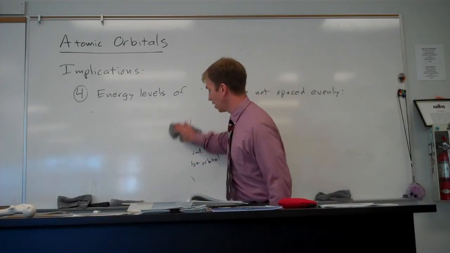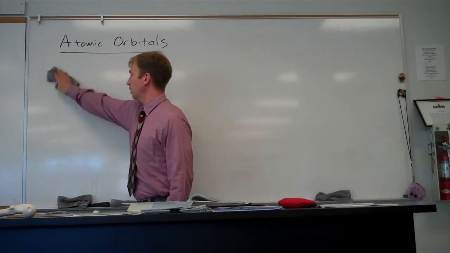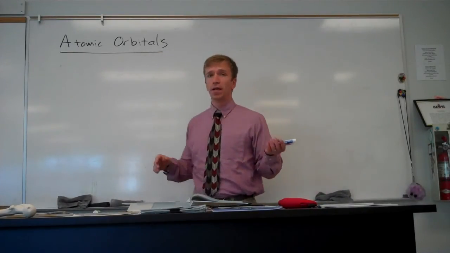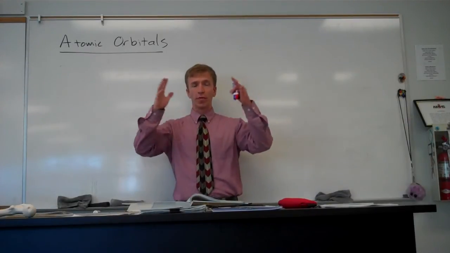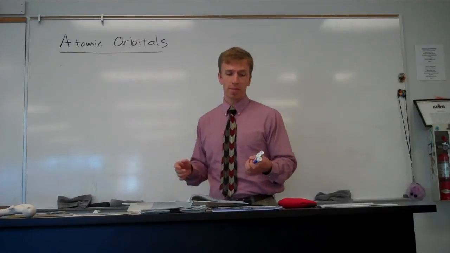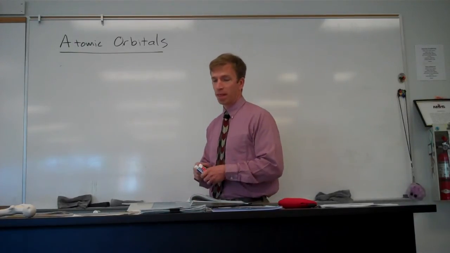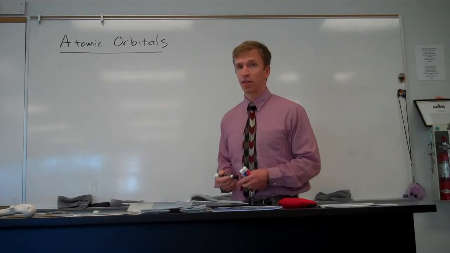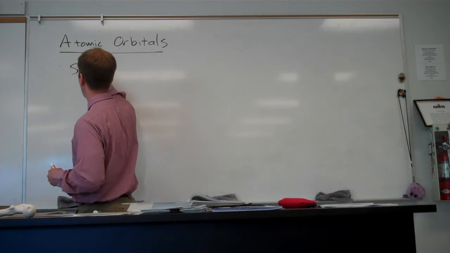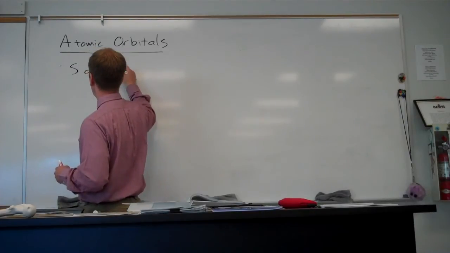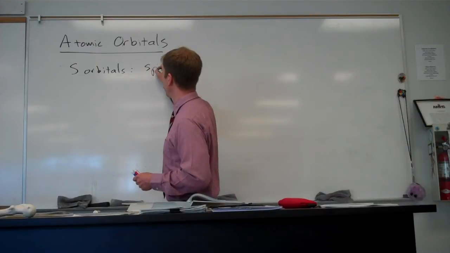Now, the Schrödinger equations, I said already, give us a probability of the location of the electron. And it results in these sort of three-dimensional pictures of where the electron might be. We have given these pictures names, and so there are different types of orbitals. There are 4 types of orbitals. There's s orbitals. These are spherical.